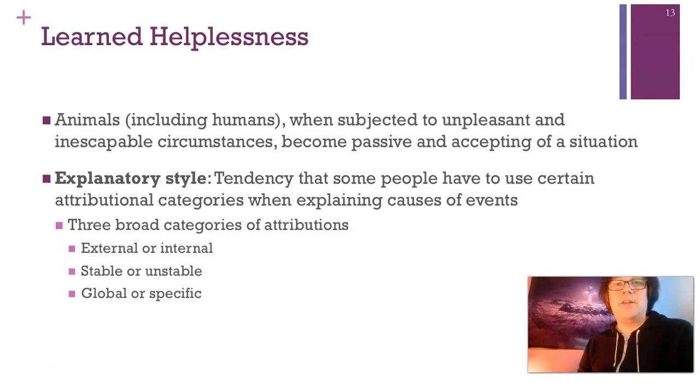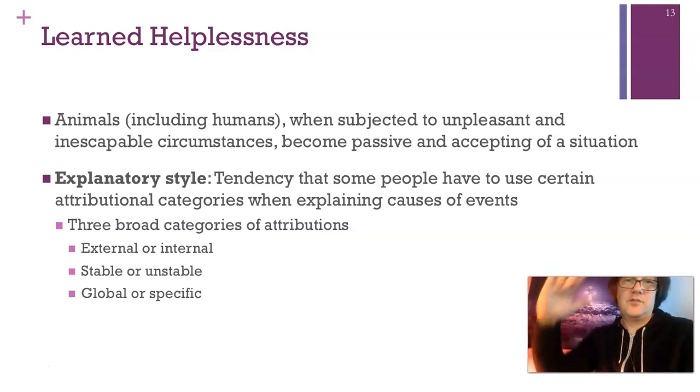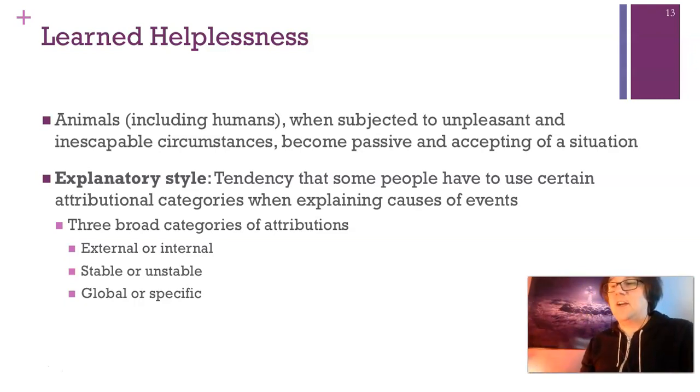Okay, well, then the researchers put a collar and a chain on the dog, and had the dog chilling on the side of the cage. Then they would electrify the floor, electrocuting the dog, and the dog would try to jump over to the safe side, but they were constrained.